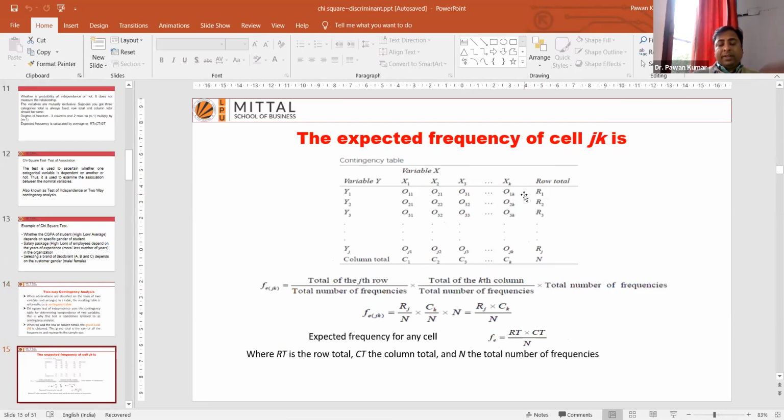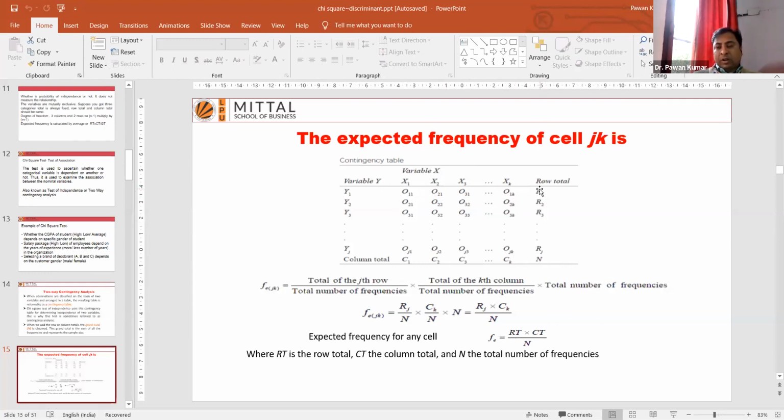the expected frequency by using the formula: row total multiplied by column total divided by the grand total. This is the manual calculation which we do in statistics also, and those participants who have already studied this in stats know how we can compute the expected frequency by using the row total multiplied by column total divided by the grand total.